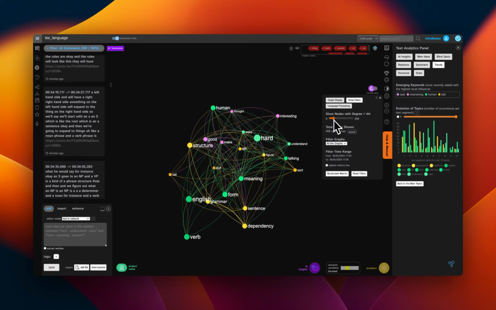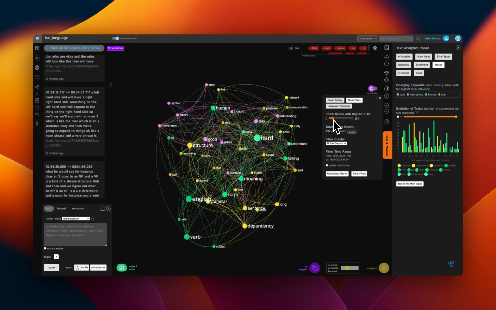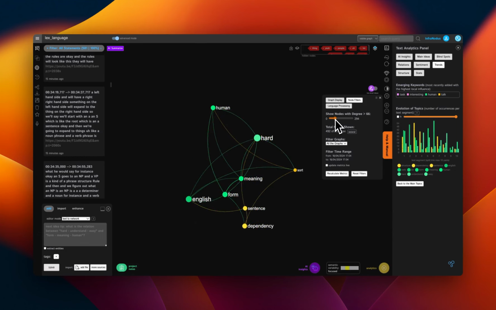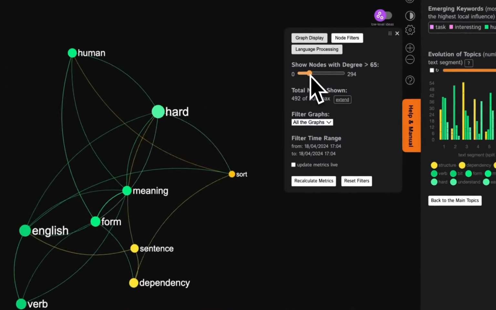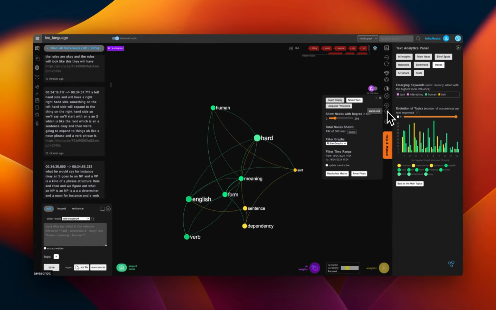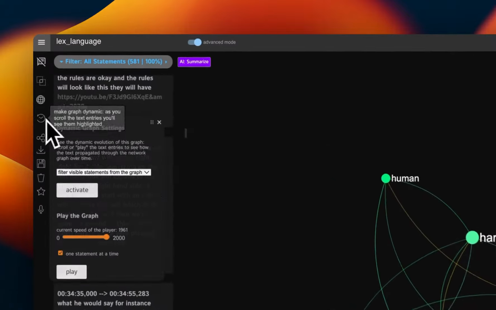I think that's kind of nice, because I have some of these more, it's getting too much here. Let's go really, really sparse and just understand. I want something like that right there.